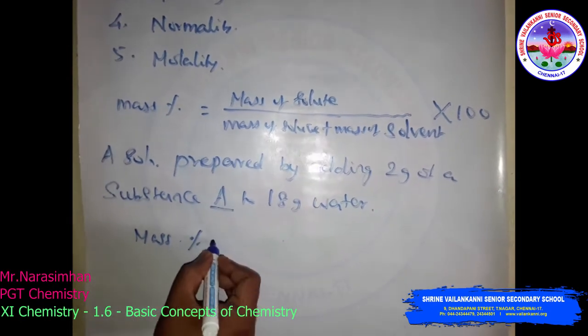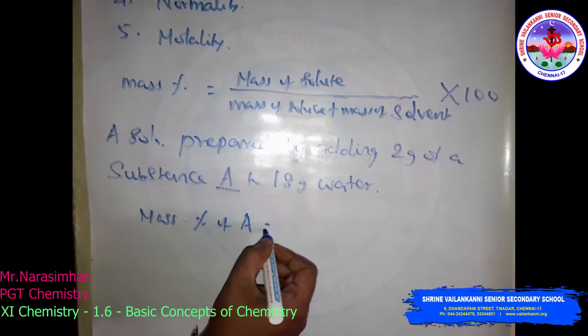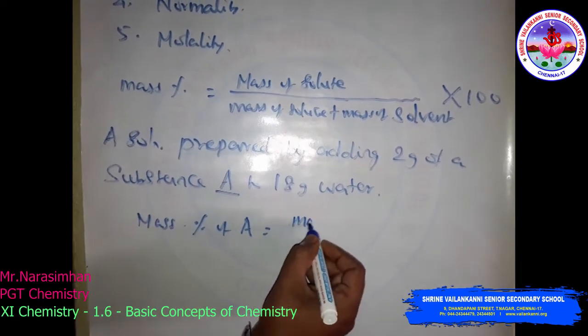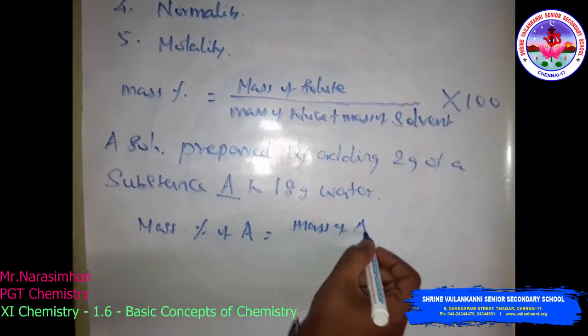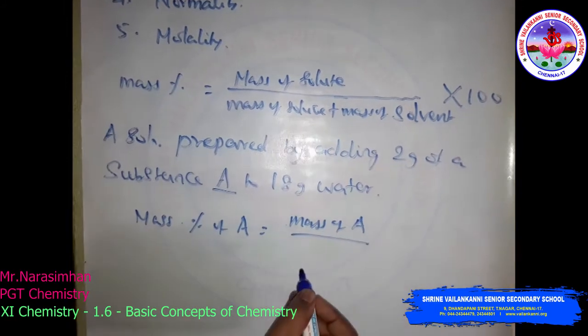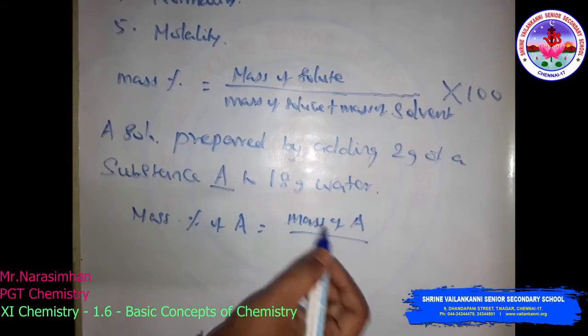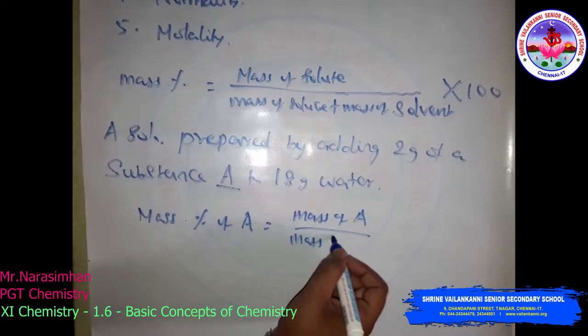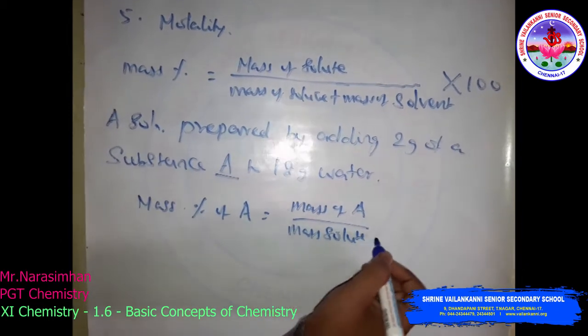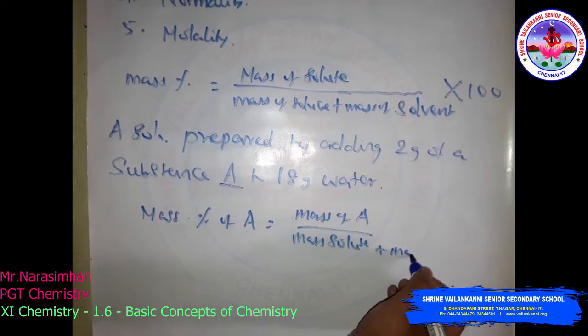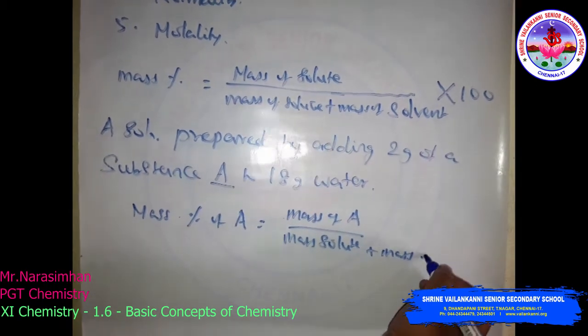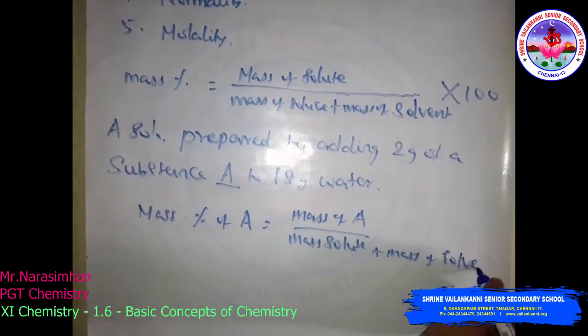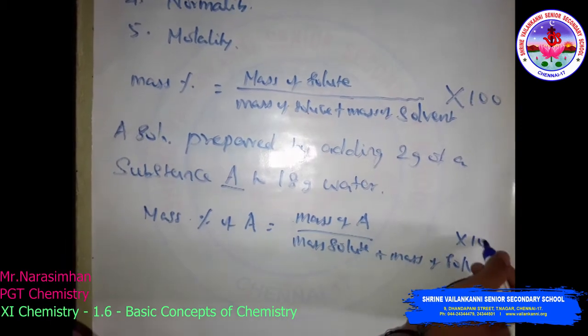Mass percentage of A is equal to mass of A divided by mass of the solution, that is mass of the solute plus mass of the solvent, into 100.